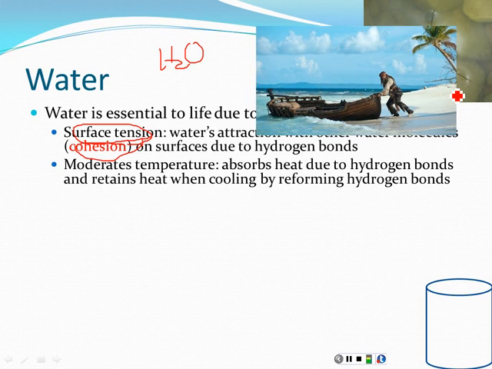So if it starts to cool off on land during winter time, it's still mildly comfortable towards the beaches because they tend to still retain the heat due to the reforming of the hydrogen bonding.